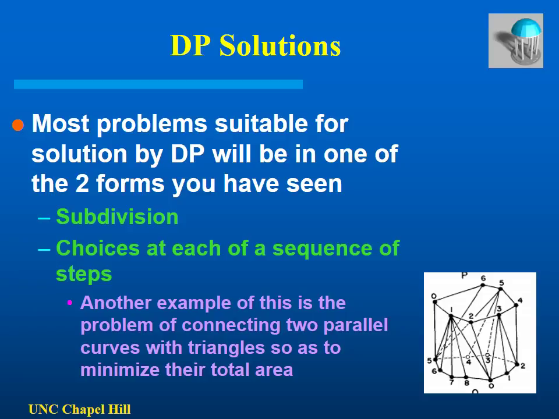Then we decide to move along the top from vertex 1 to vertex 2, and so on until we come back to the line that we started from. The idea is to make these choices in such a way as to minimize this global property of the area of all the triangles in question.